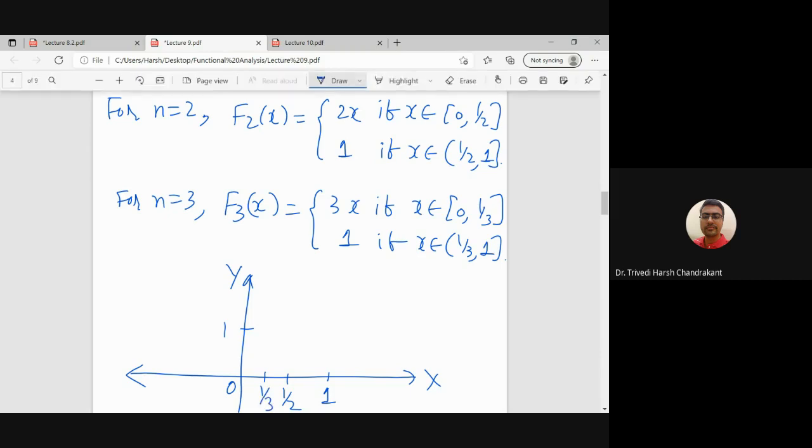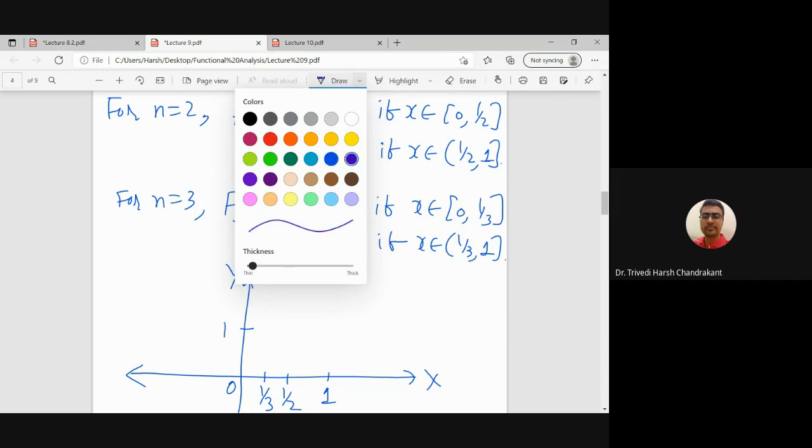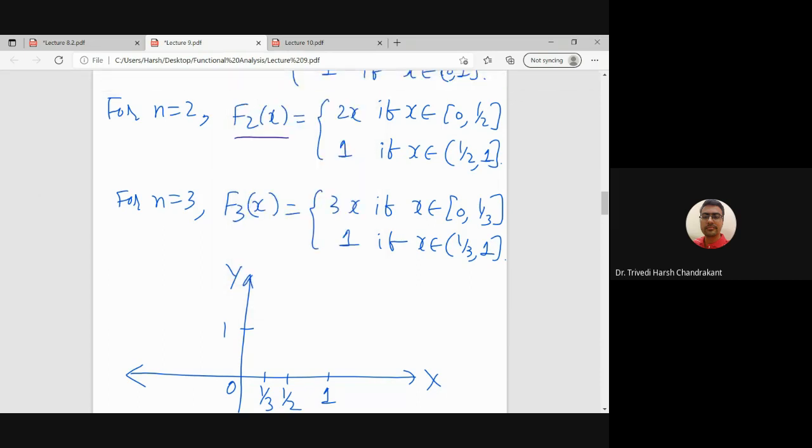So let us draw these two functions. The first function is f2, which is an equation of a line, and the endpoints are 0 to half. So at 0 the value of 2x is 0, at half the value of 2x is 1.